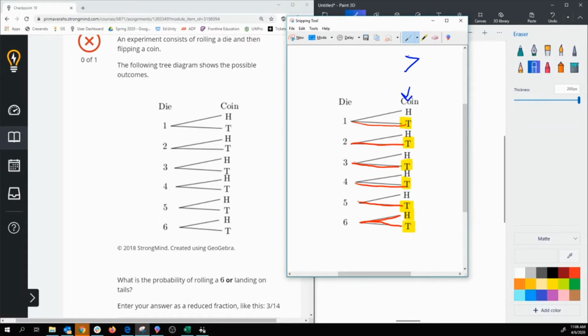So if I were to go down the very last column, which is the coin one, and count how many heads and tails are there, how many would we have?